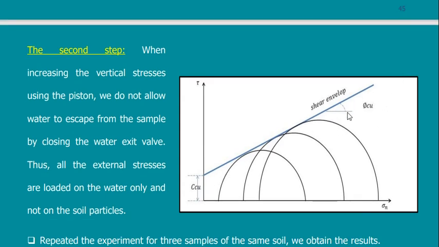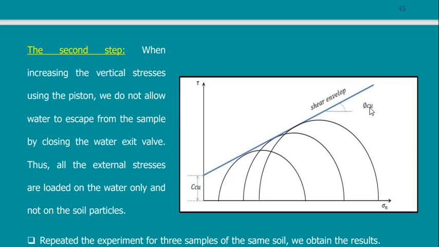I will have phi and I will have C, but here we call it consolidated undrained. So this is phi consolidated undrained, this is C consolidated undrained, and these are the results. Of course, in this case, it resembles an intermediate case of construction, because later this undrained will be drained.